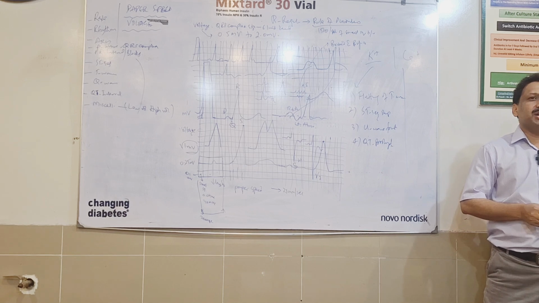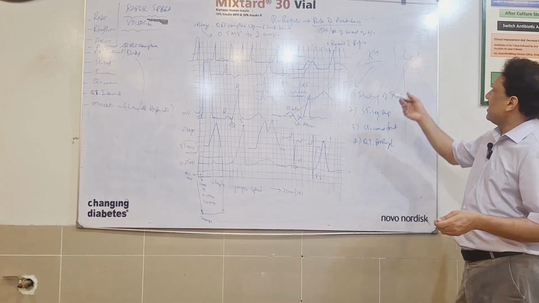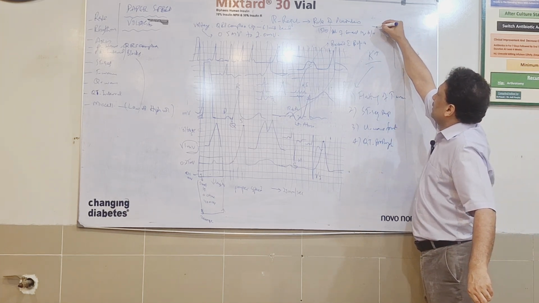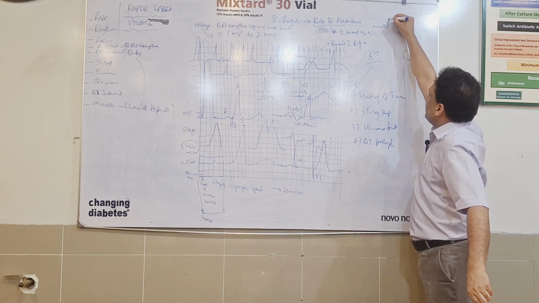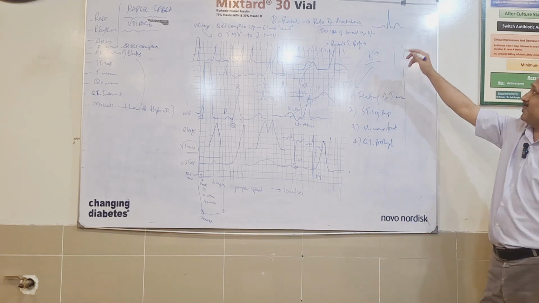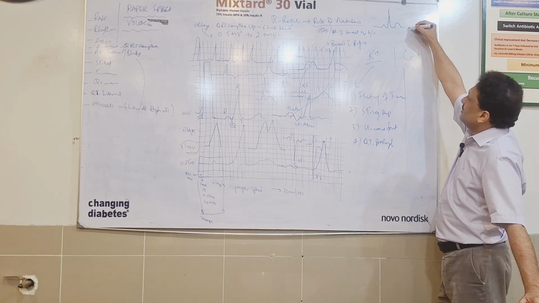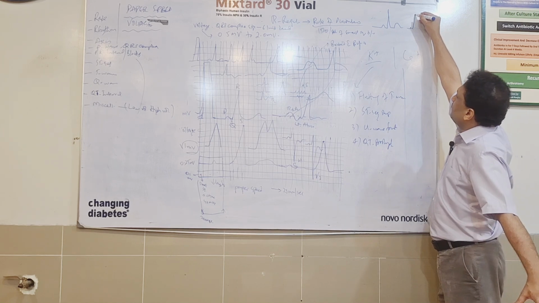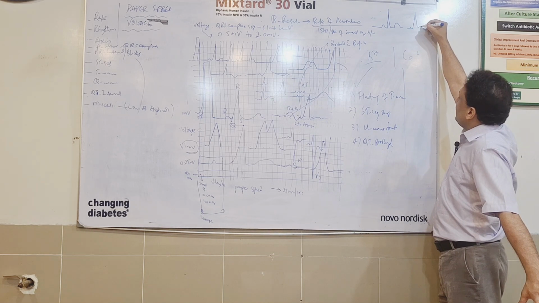How would you see these changes on ECG? Like I draw ECG here. This is P wave, QRS complex. This is all normal. This person developed hypokalemia. The first two changes will look like that.